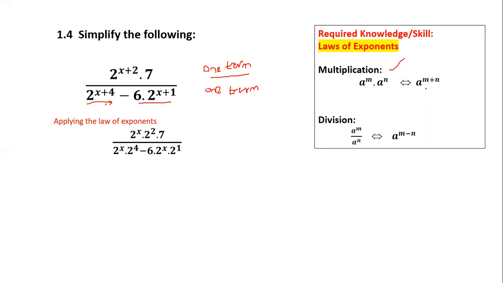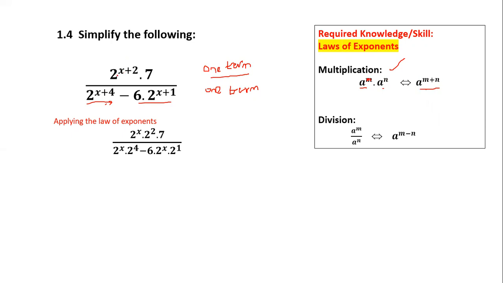So when we have something that looks like this, a to the power m plus n, we can factorize this into their different powers, a to the power m times a to the power n. We keep the base and then we raise to the powers. This is how we factorize this.